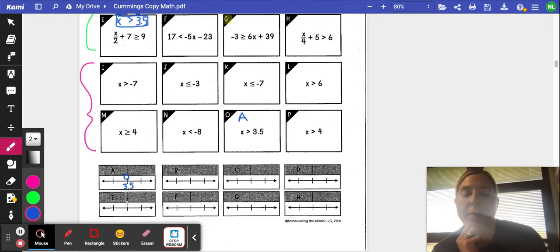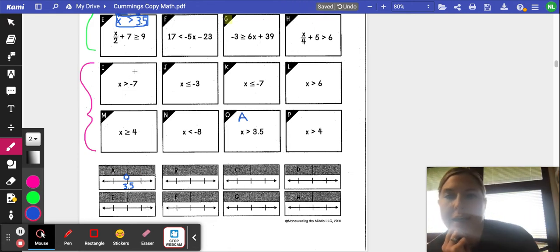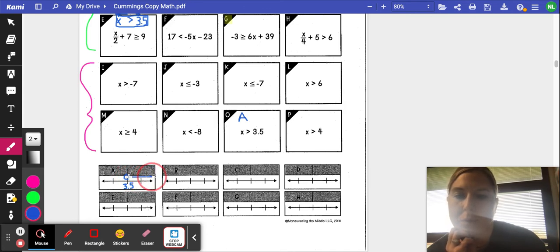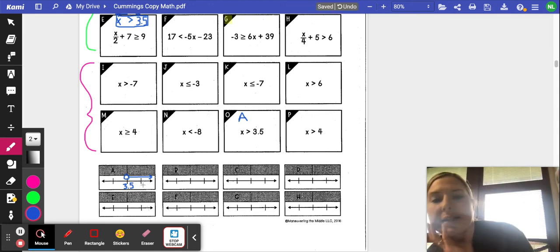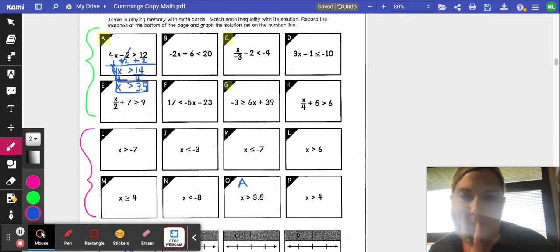Use your notes for that part if you forgot. Now, my line will go in the direction that the arrow is. So the arrow is pointing to the right. But you also know that numbers greater than 3.5 are going to the right. So that is the first one.